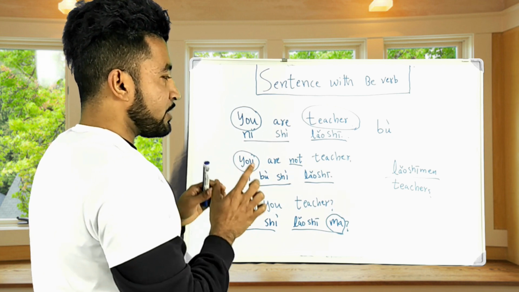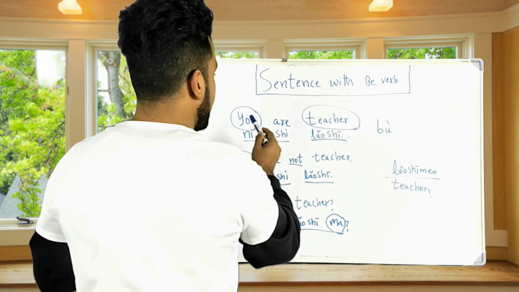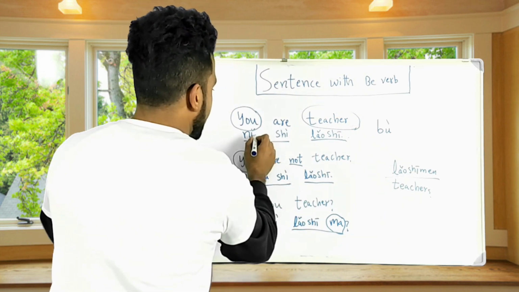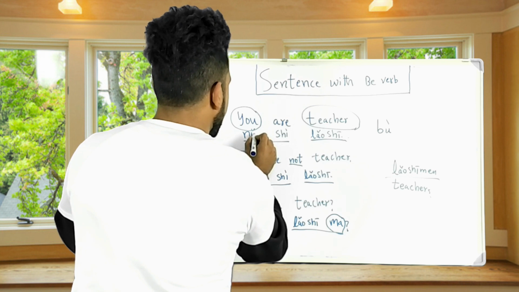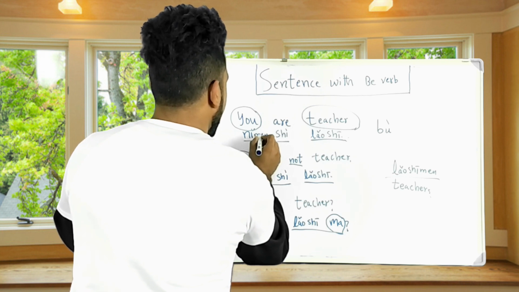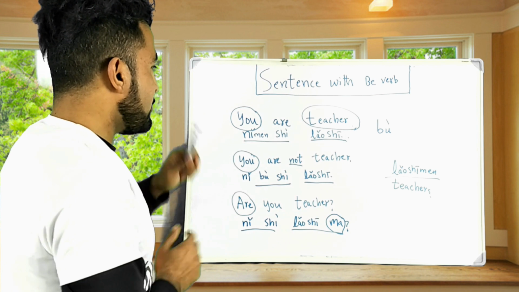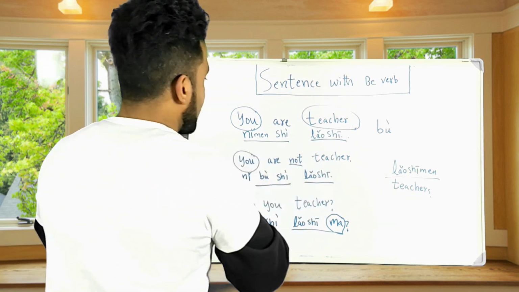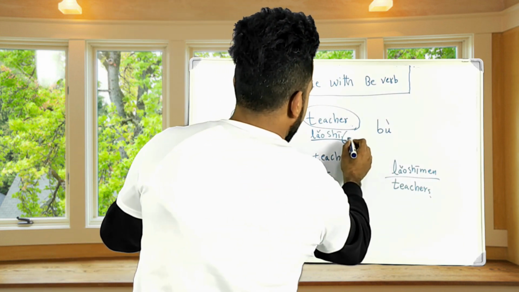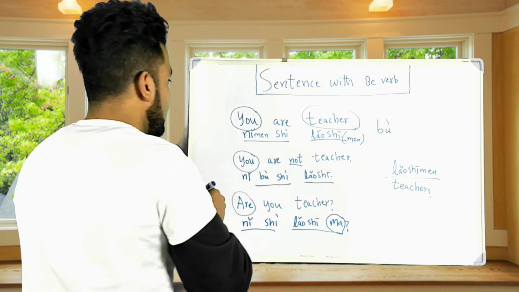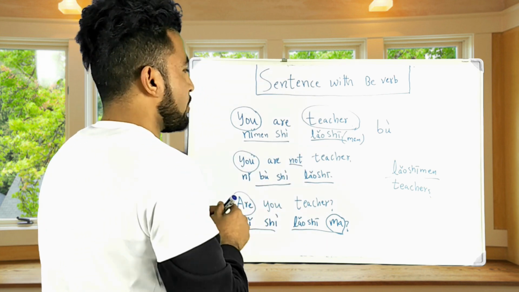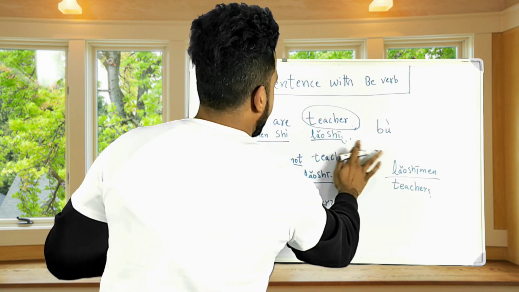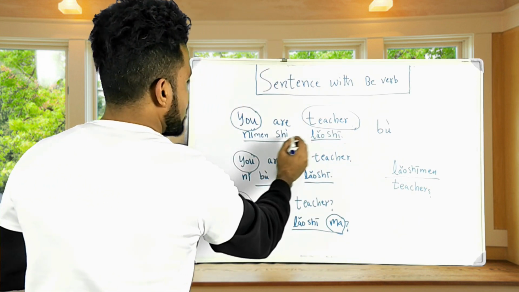One thing more: if you ask many people whether they are teachers or not, saying you are teachers is not correct in English. But in Chinese we will use 你们是老师. We have already learned the subject pronoun you used for plural, 你们. So in this case we don't need to add 们 to the teacher. We don't ask 你们是老师们, that is not correct, that's wrong. We just add the plural particle to the pronoun, 你们是老师.